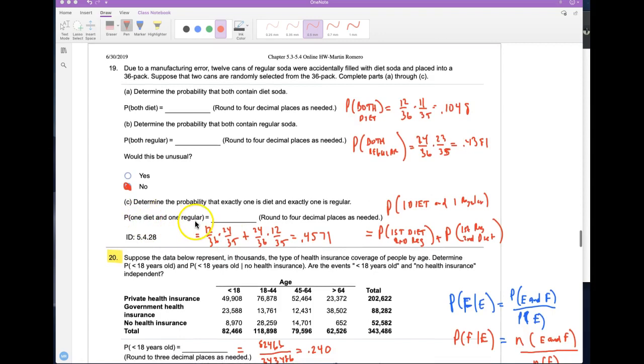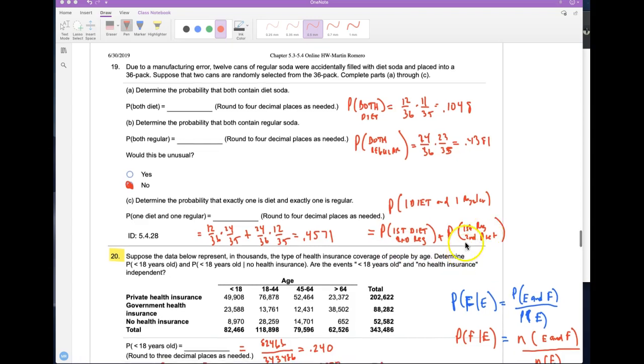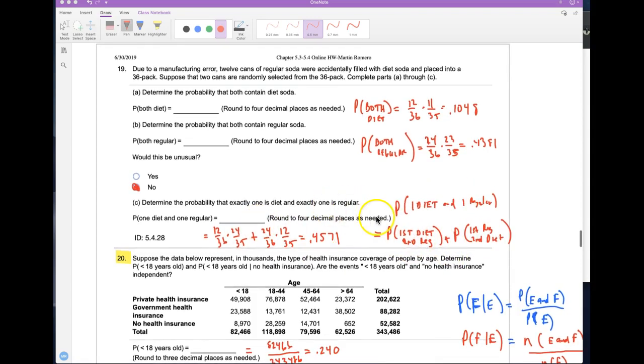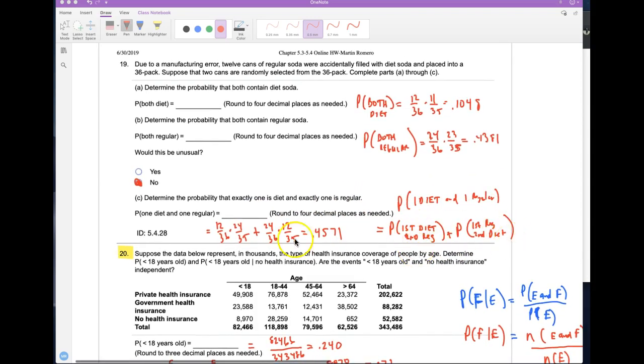The probability of one diet and one regular soda would be this. There's two situations. The first one can be diet and the second one regular, or you can have the first one regular and the second one diet. And so to do those calculations, it's an or situation. You have both situations, this one or this one.